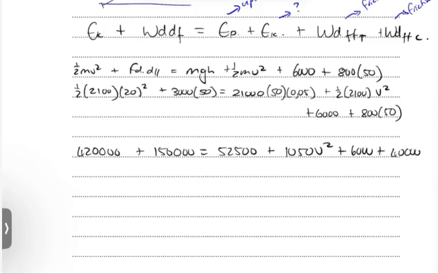Now be careful of all the zeros. And I get my final speed, not squared, my final speed is 21.2 meters per second.